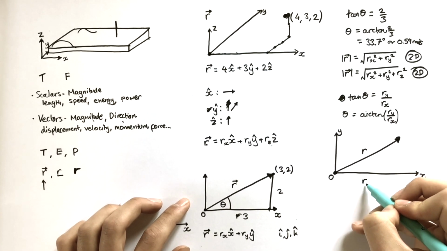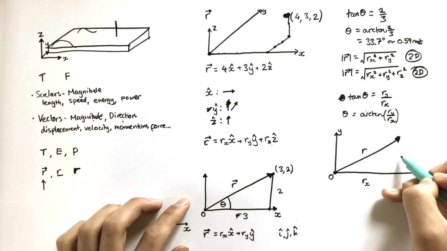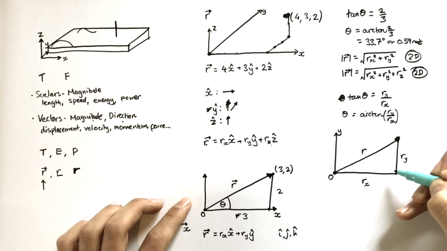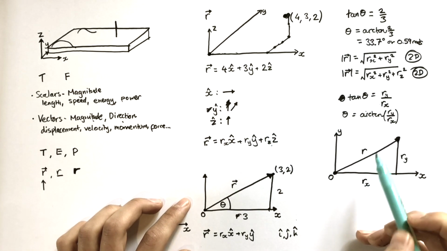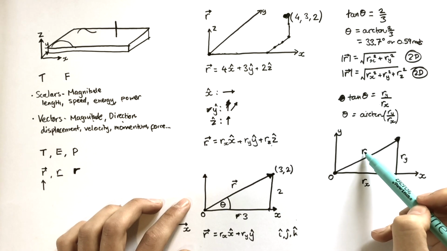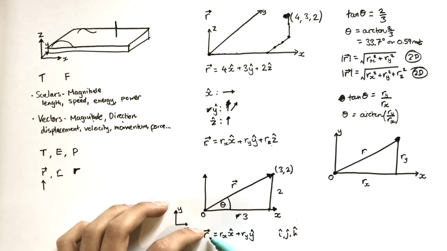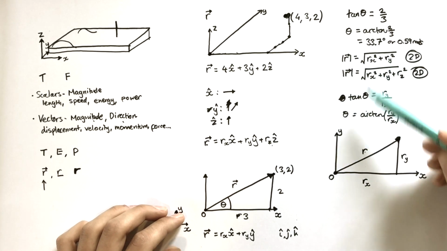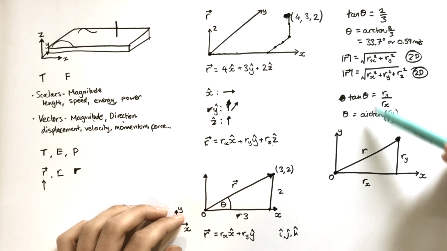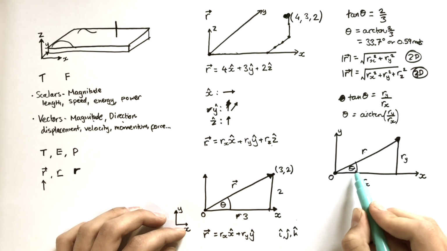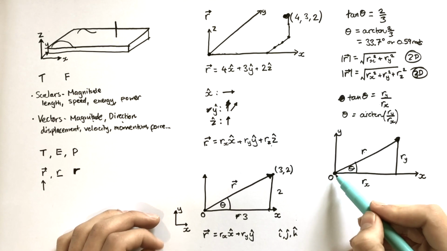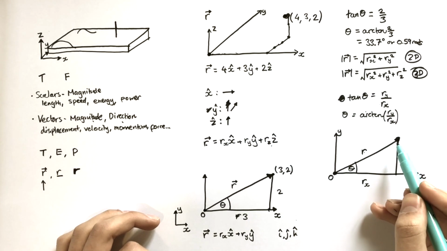And of course we have the x component here and the y component going along here. So what we said before was that to find r, the magnitude of the vector, we just add up the squares of the components and then take the square root. And we also said that this angle right here was theta, the angle between the x-axis and the vector itself.